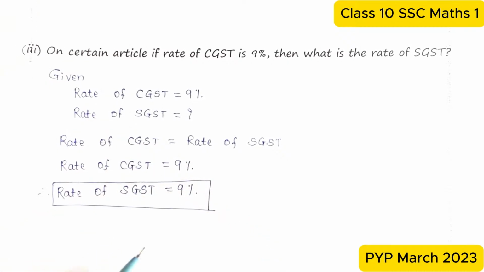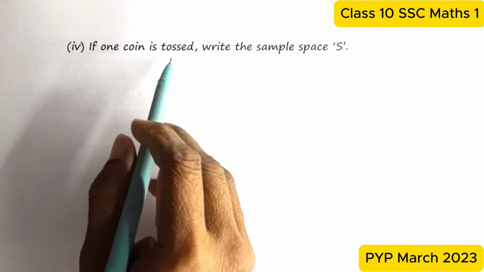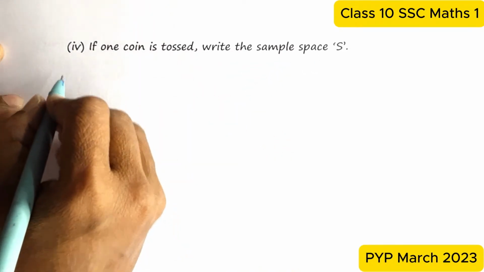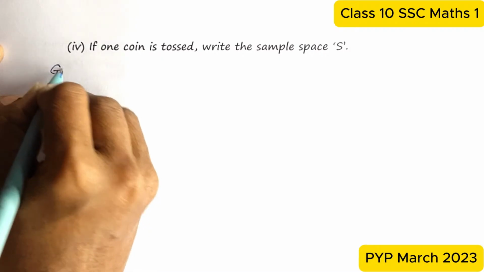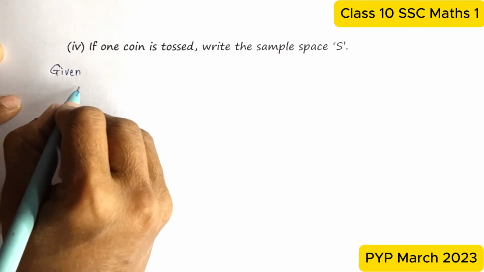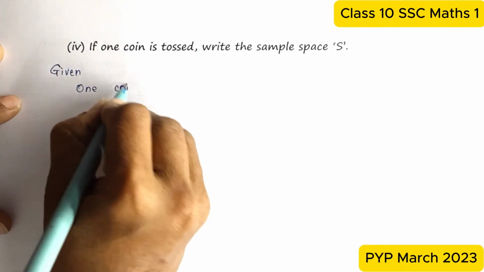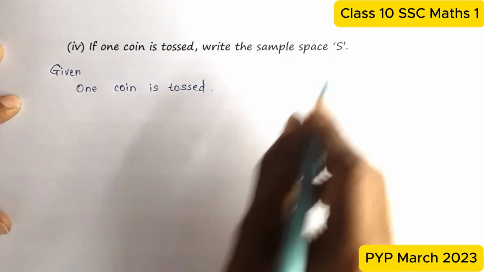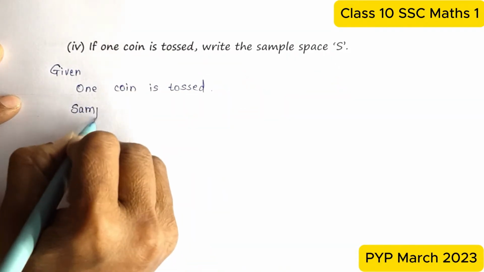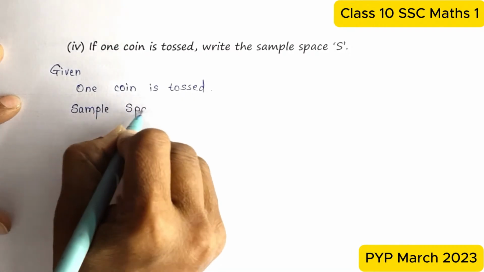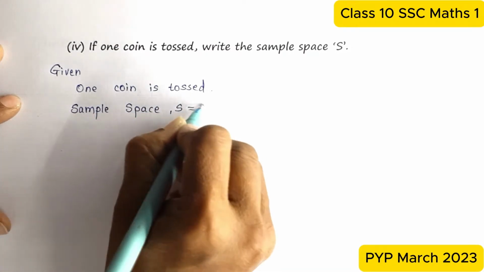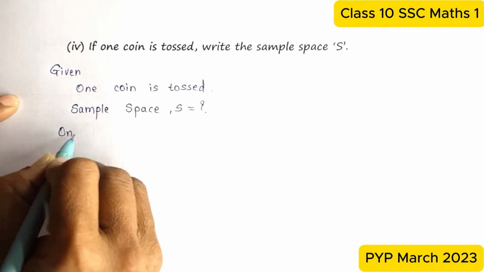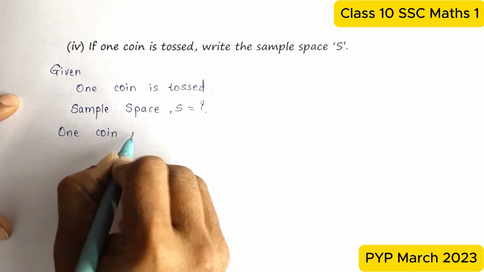Then the next one, if one coin is tossed, write the sample space. Okay, so now here in the given, we write that one coin is tossed. And here we write the sample space. Sample space S is equal to question mark. So in the solution we write one coin is tossed.